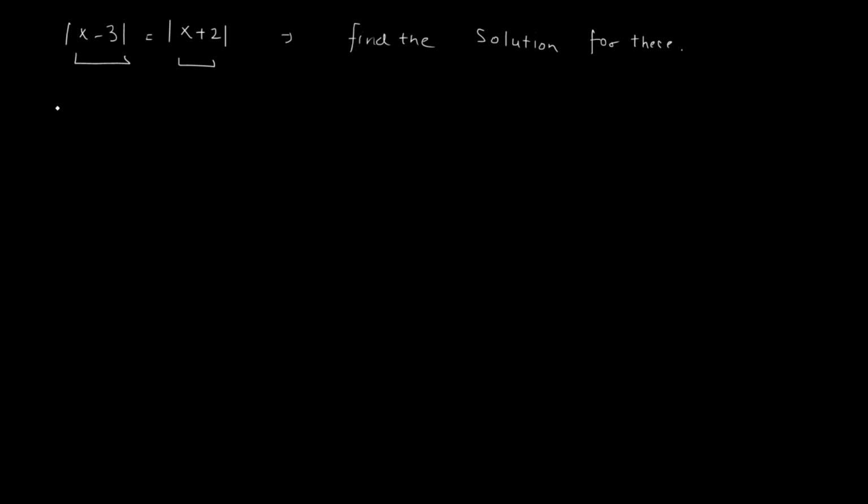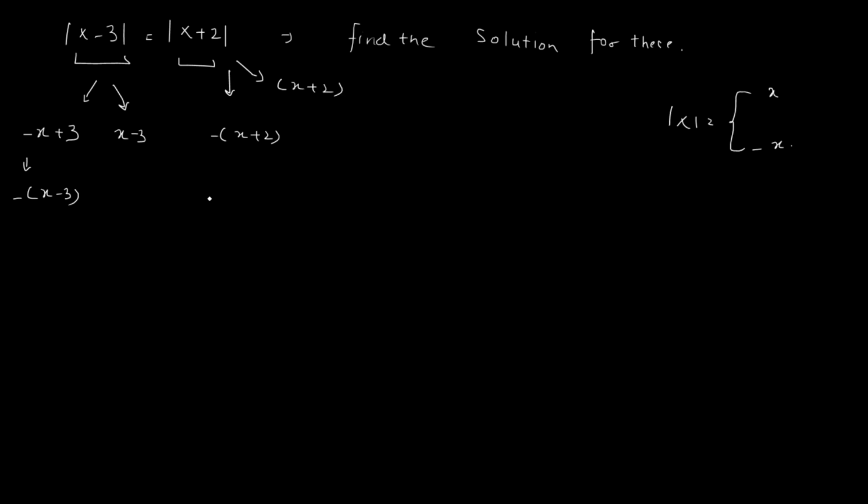So let's try and solve this. First, we have to write these two in simpler formats. The absolute value of x minus 3 is x minus 3 or minus x minus 3. As we know, mod of x is equal to two values, x and minus x. And similarly write down these values, minus x plus 2 and x plus 2.